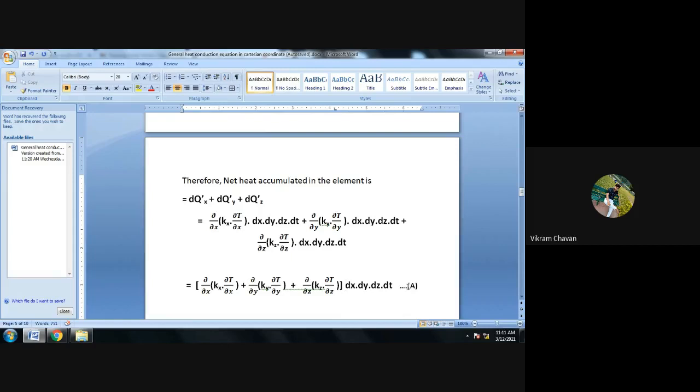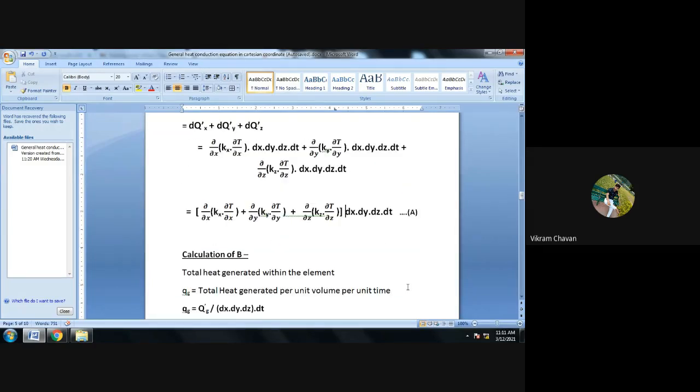Okay, getting everyone? Now next we have to calculate the B part of the equation, that is the heat generated by the element. Now here, what we have to consider, we have considered in the diagram also, q suffix g, small q suffix g, is equal to the total heat generated per unit volume per unit time.